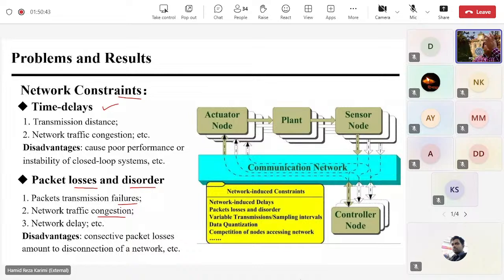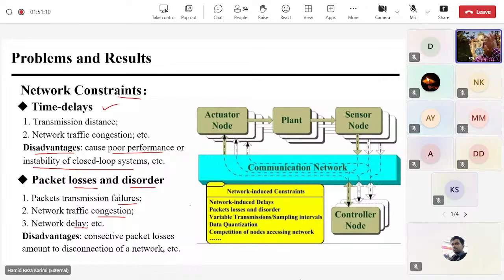We need to see that the delay can give some disadvantage, such as poor performance or even instability. And the packet loss can also give you consecutive packet loss, so it could be some disconnection of the networks.